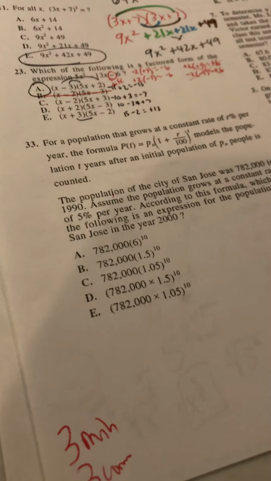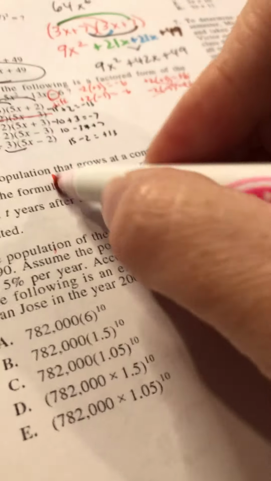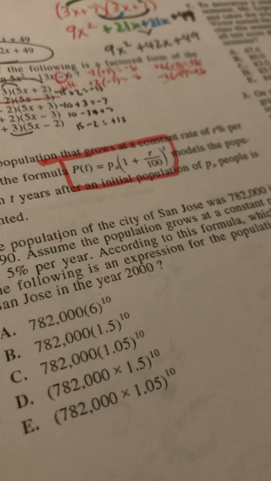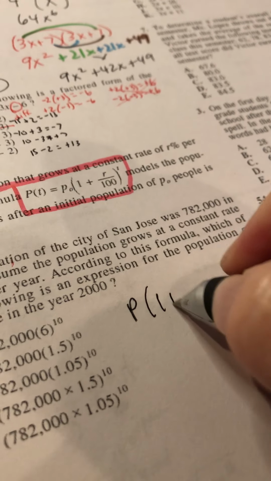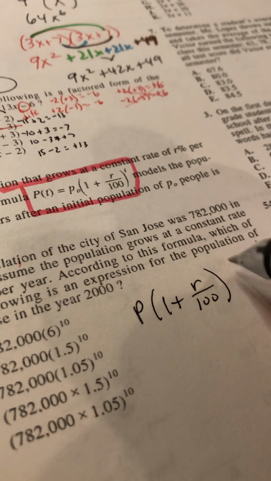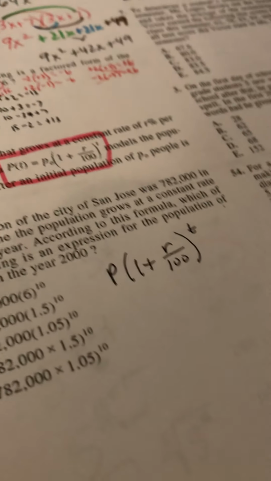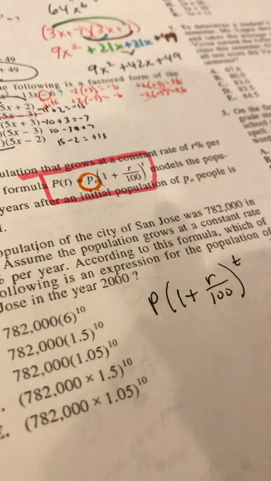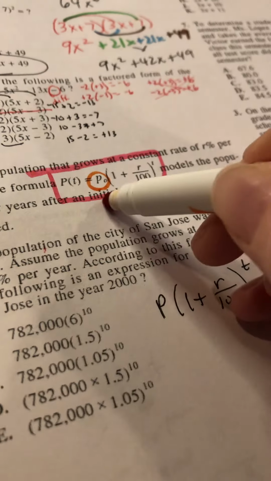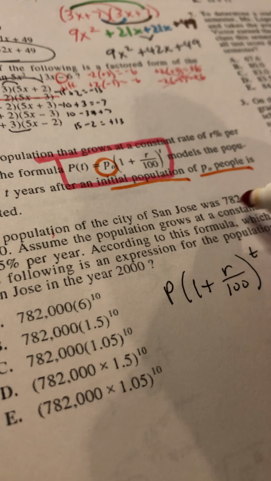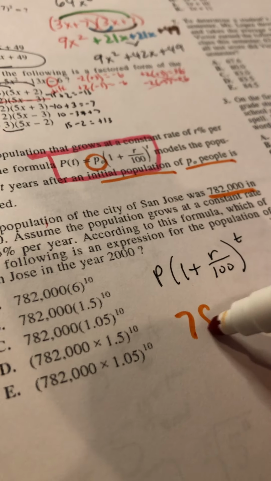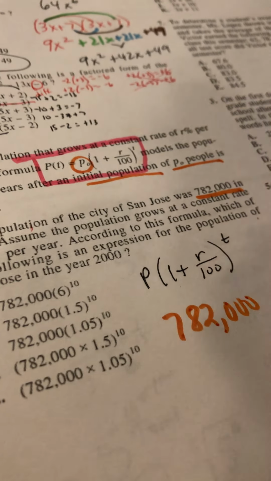Okay, way back when, well, first of all, here's the equation. So I've got P times 1 plus R over 100 to the T. So it says P to the 0 is our initial population, and they said my initial population is 782,000.